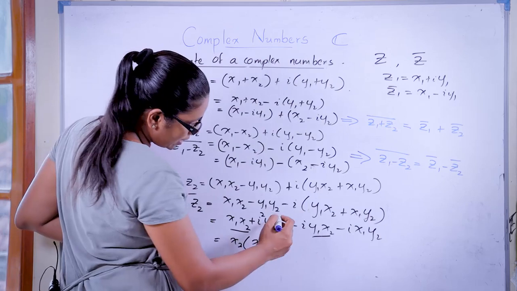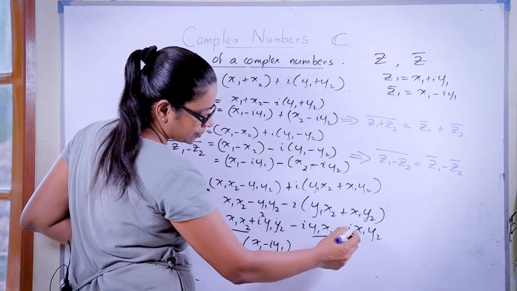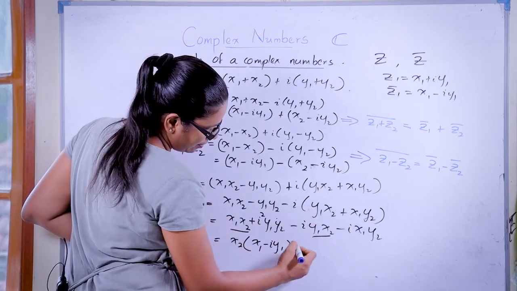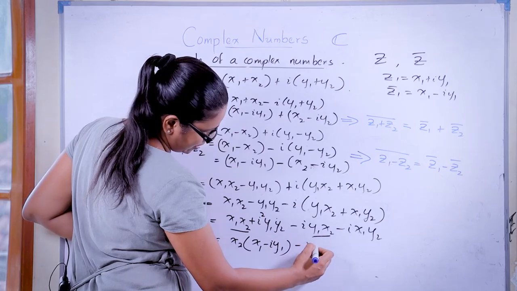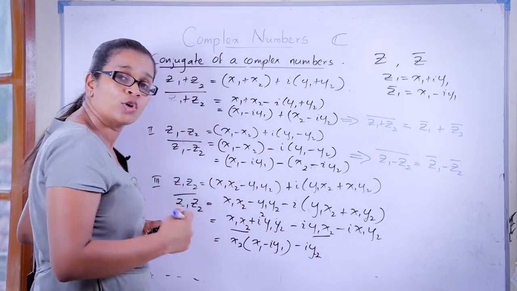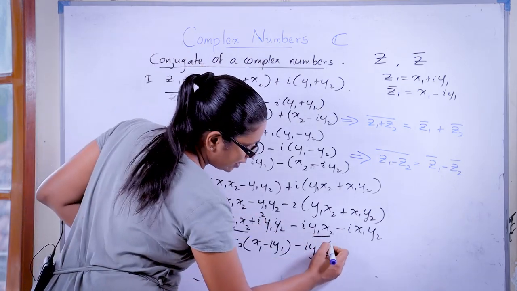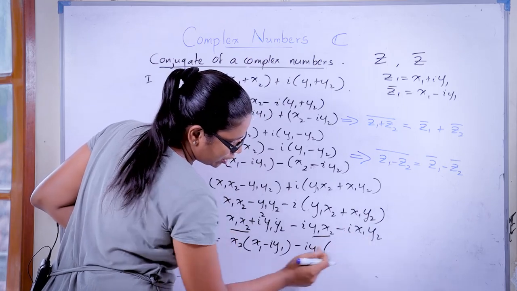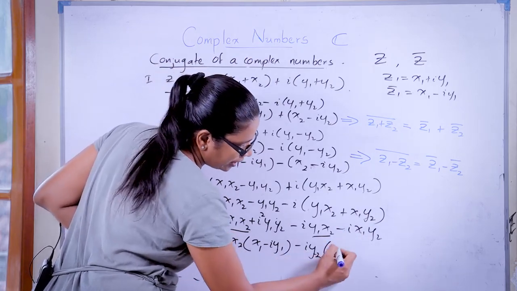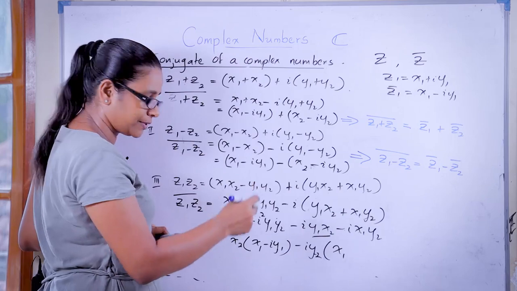Okay. Now, consider these two terms. I am going to consider minus i y2 as common. Then you can write down minus i y2. You got it here. So only x1 remains as the first term.